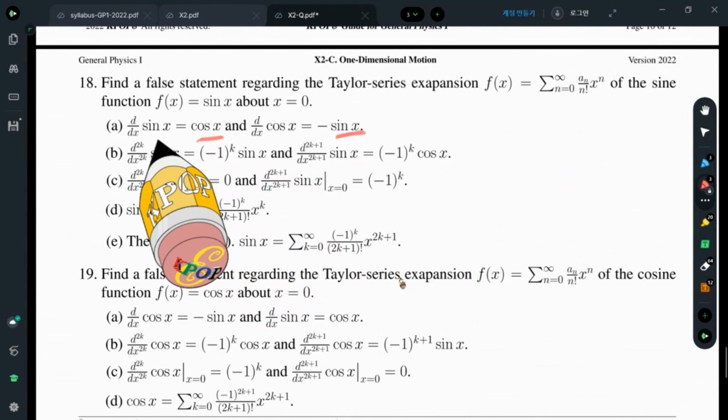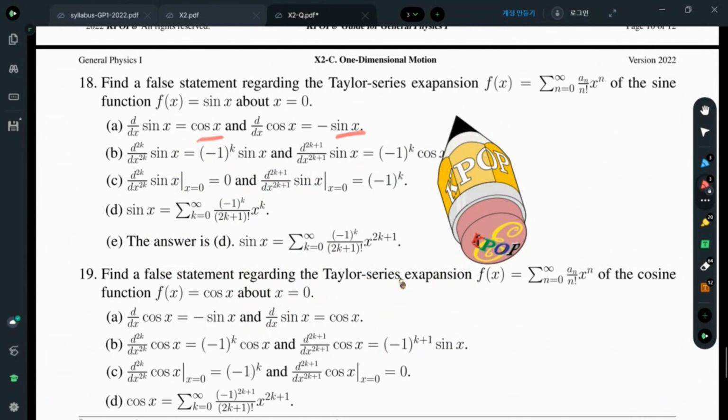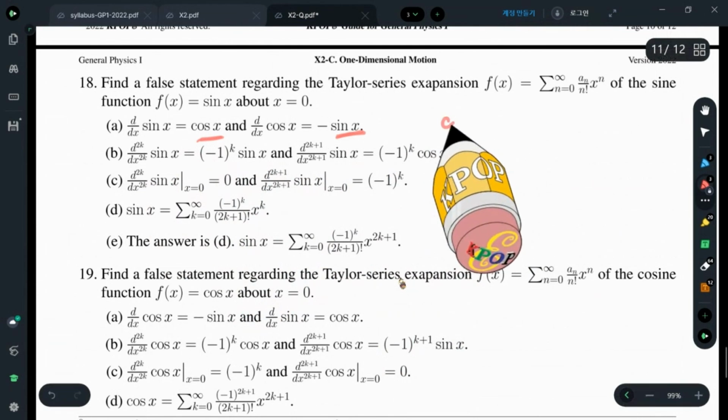If somebody does not know how to compute this, later in a few lectures we will study how to reproduce it.